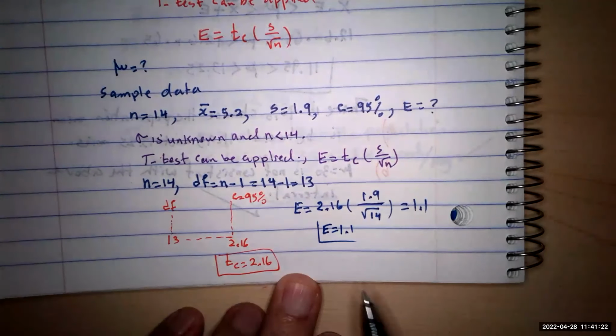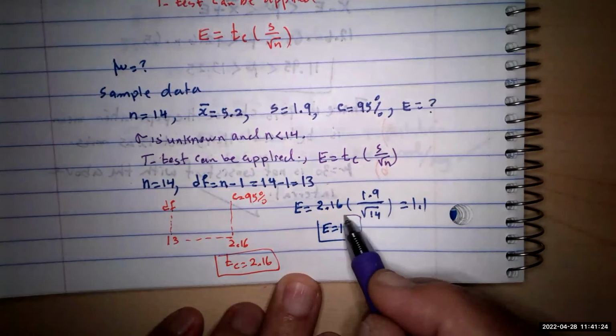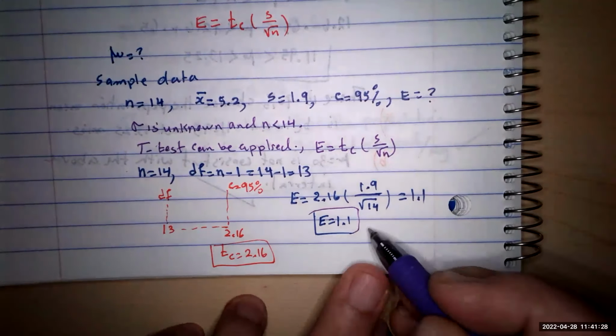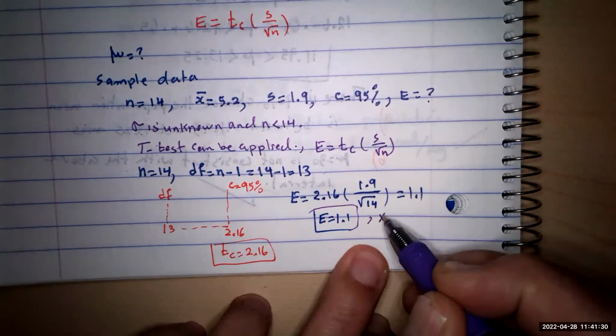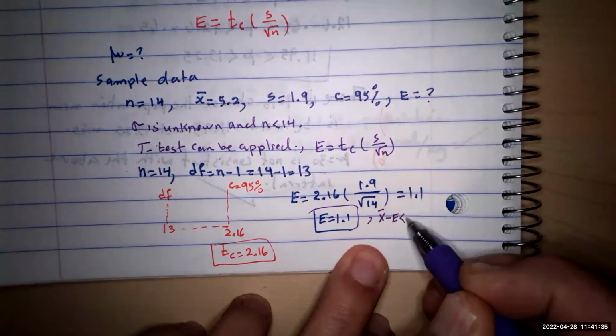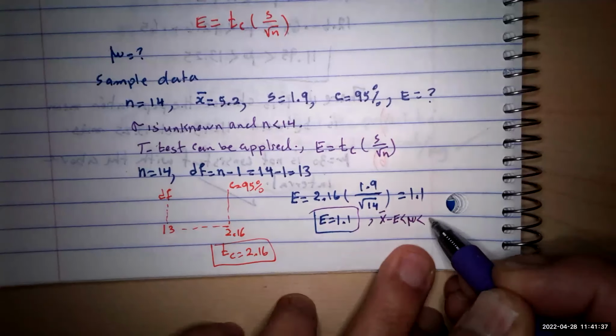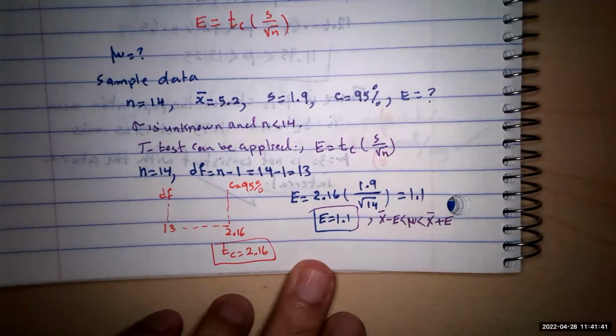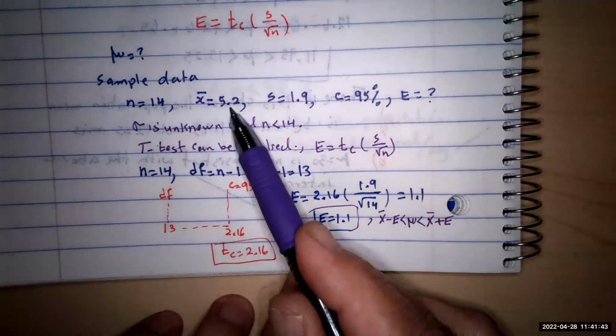Okay, now we can give you the interval. So the interval is, as usual, x bar minus E less than mu and less than x bar plus E. You substitute, remember the x bar is 5.2.